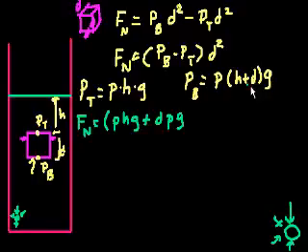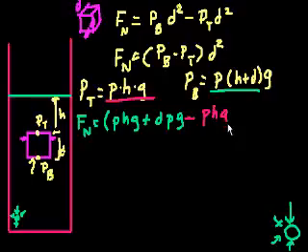I just distributed this out. That's the pressure at the bottom. And then minus the pressure at the top, minus rho h g. And then we learned it's all of that times d squared.